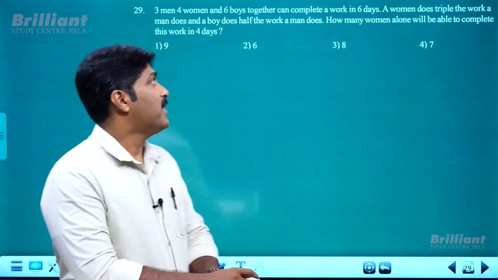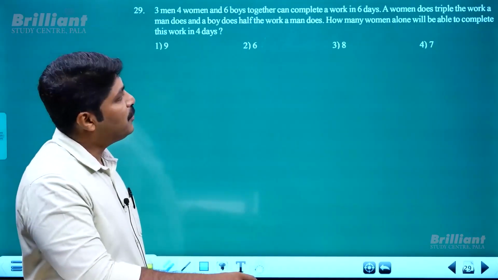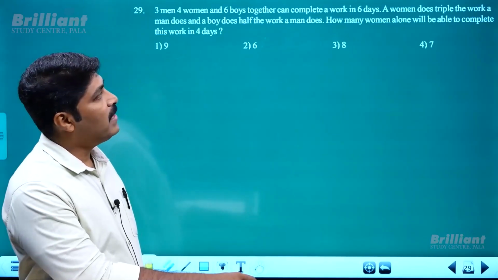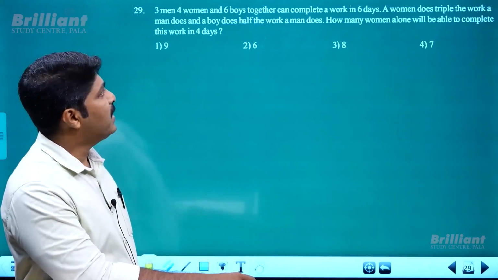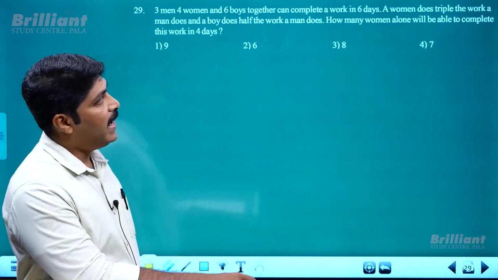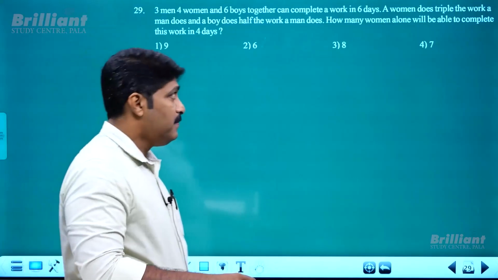Here the question is: 3 men, 4 women, 6 boys together can complete a work in 6 days. A woman does triple the work a man does, and a boy does half the work a man does. How many women alone will be able to complete the work in 4 days?